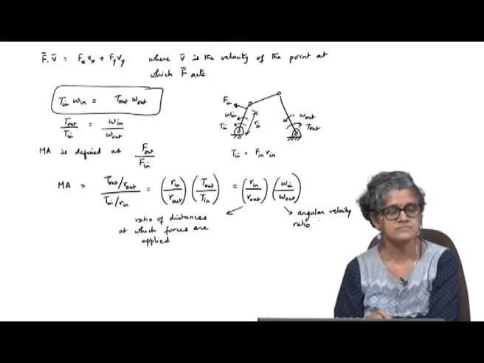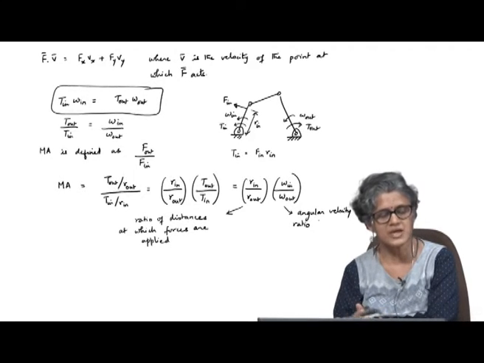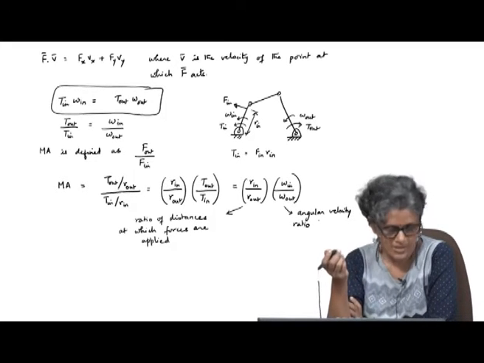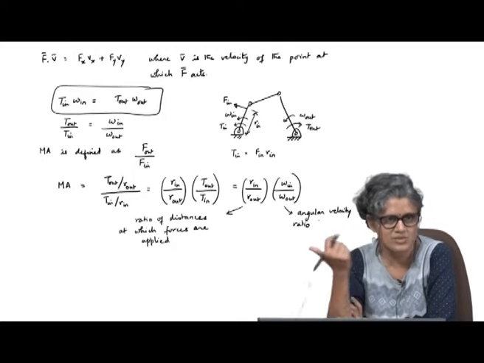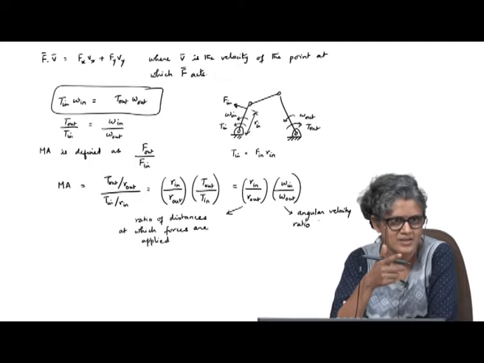Yes? For a crank rocker, you don't apply a force, but always give a torque. So you could define it as F out by torque. The definition would be different, because there you are resisting a force; you are talking about a slider crank.